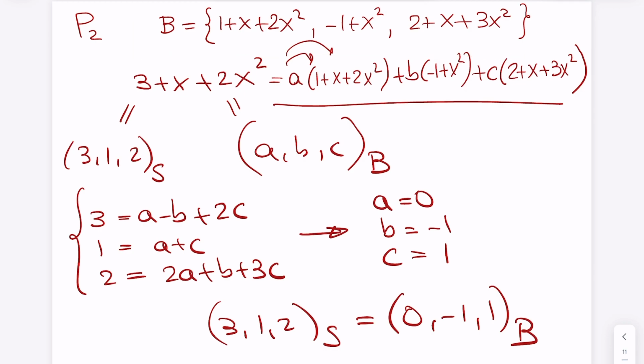Okay, so that is one way to calculate the coordinates of a vector in another base. Doing all these operations would be a way to solve it by hand, let's say. We are going to learn now that there is a theorem that will allow us to calculate a matrix, the matrix of change of bases.